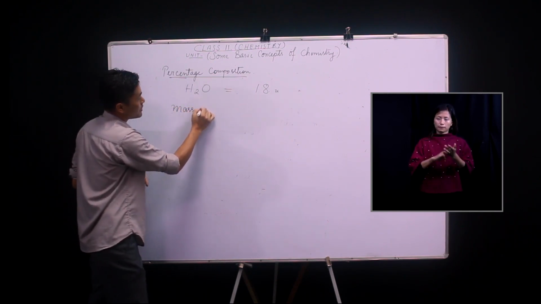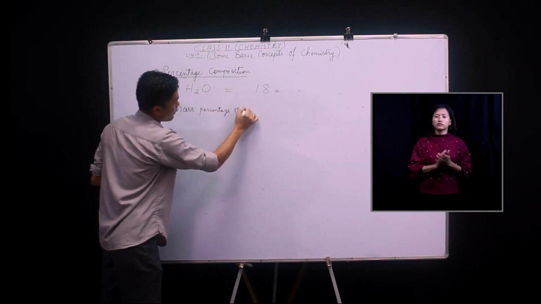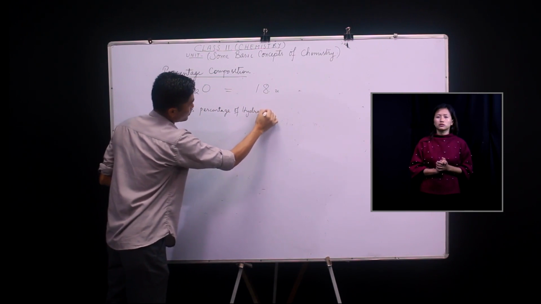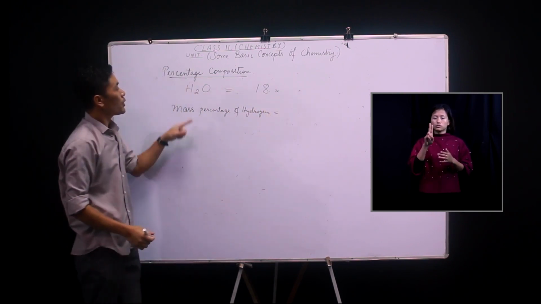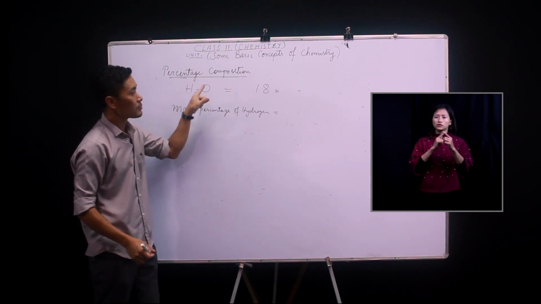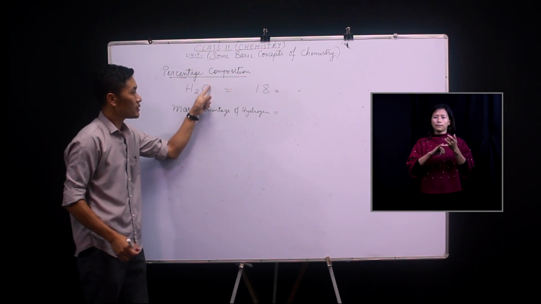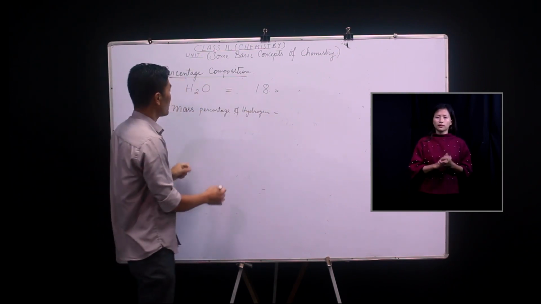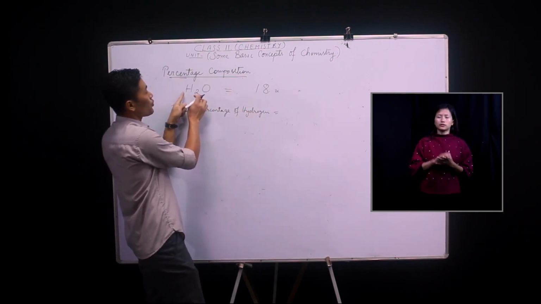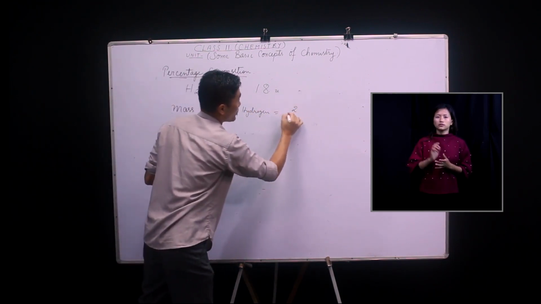So mass percentage of hydrogen in H2O will be equal to mass of hydrogen divided by total mass of the compound, that is water, multiplied by 100. So mass of hydrogen here is 2.